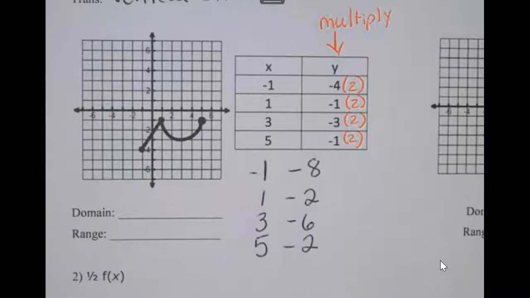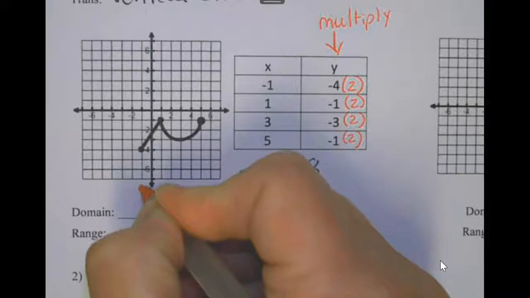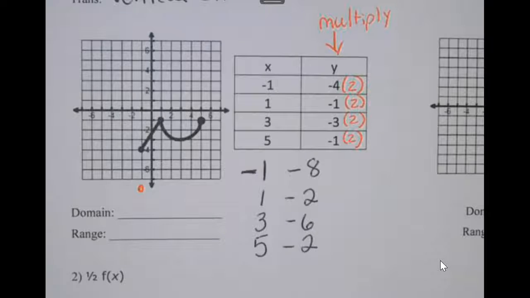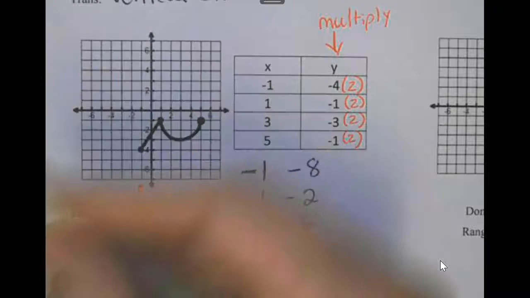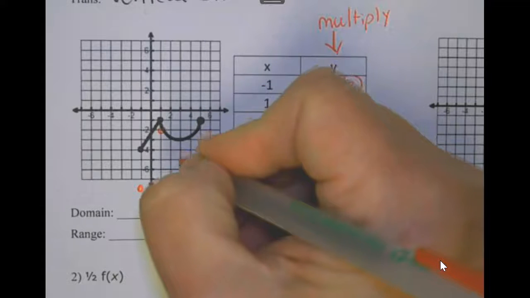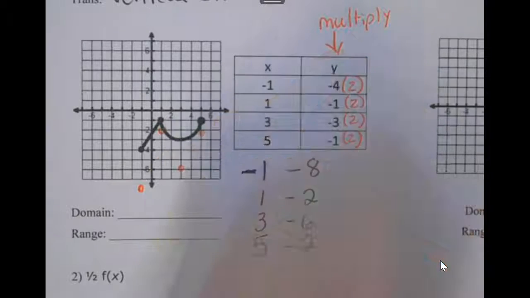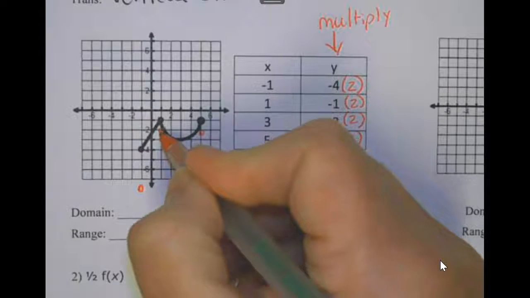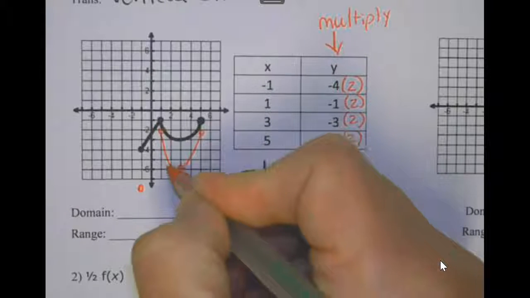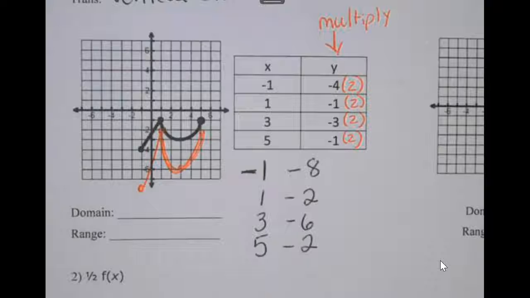But my graph isn't big enough to graph a -8. But I can estimate the -8, -1, -8 would be approximately right there. 1 and 2, -2, 3 and -6, 5 and -2. Does this look like it's been stretched out?